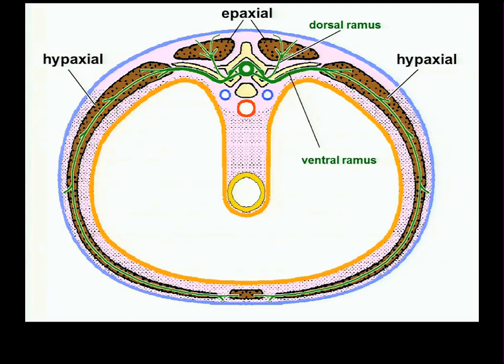The ventral root carries somatic motor axons out from the ventral horn cells out to all of these somatic or striated muscles of the body wall, and the dorsal root is conducting the somatic sensory axons from ultimately the body wall, from these muscles and from the other tissues, back into the spinal cord.